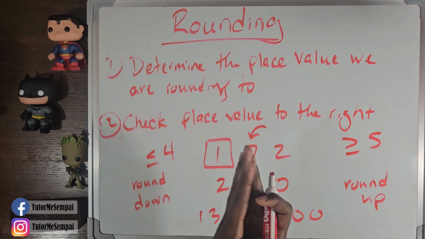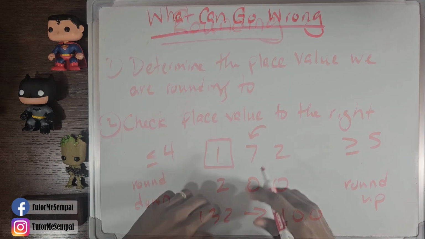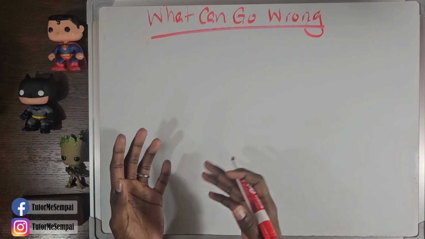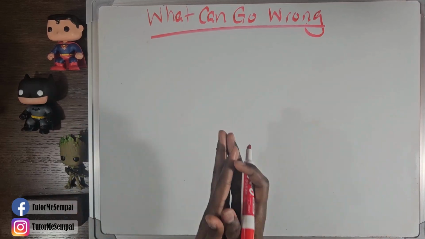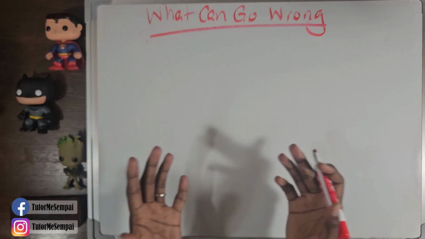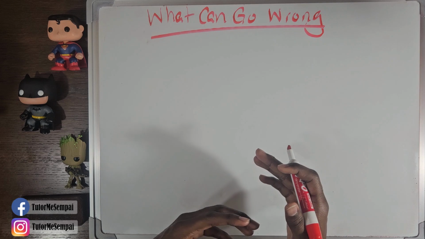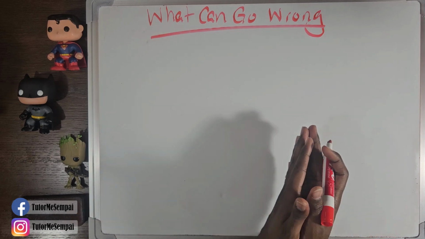So now that we've covered rounding, let's talk about what can possibly go wrong when you round. I know this section is called What Can Go Wrong, but just because we round doesn't mean it's going to be a bad thing. Rounding is actually very beneficial in math, and in a lot of different sciences. Rounding helps us get approximate values without having to be too much in the weeds of the actual values.